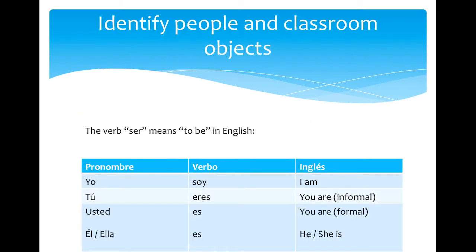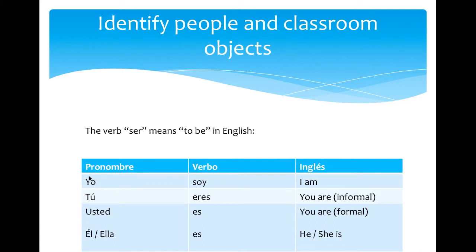Okay, and looking here at identify people and classroom objects. What we're going to look at with this section is the verb ser, which means in English to be. We're just going to focus on these pronouns here on the side.